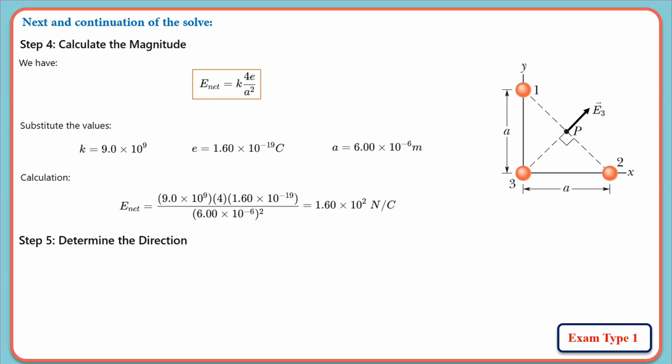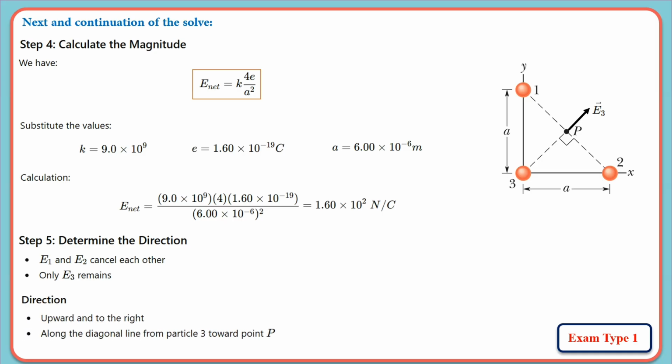Now let's determine the direction of the electric field. Remember that the electric fields from particles 1 and 2 cancel each other because of symmetry. So only the electric field due to particle 3 remains. Since particle 3 is positive, the electric field points away from it.